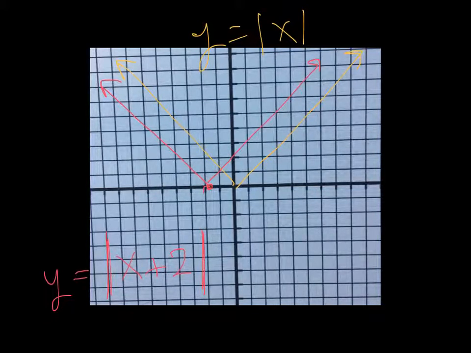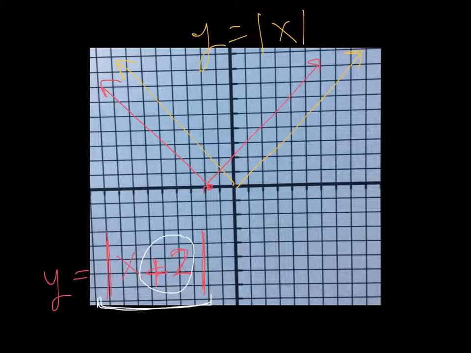You notice it says plus 2, but my graph moved 2 places to the left on the x-axis. So from this, we can decide that when there are numbers inside the absolute value sign, those numbers affect the horizontal movement, the movement along the x-axis of the graph, but you take the opposite sign.